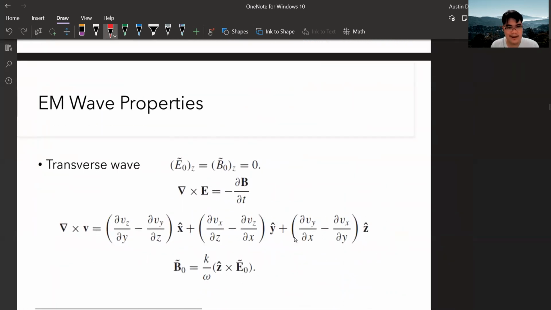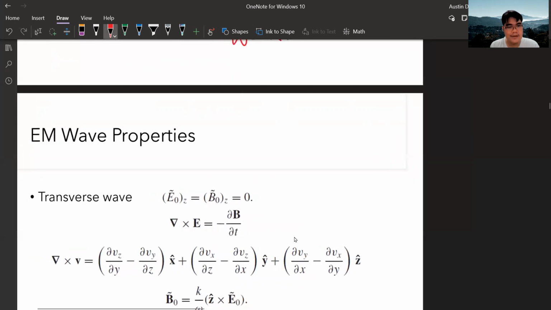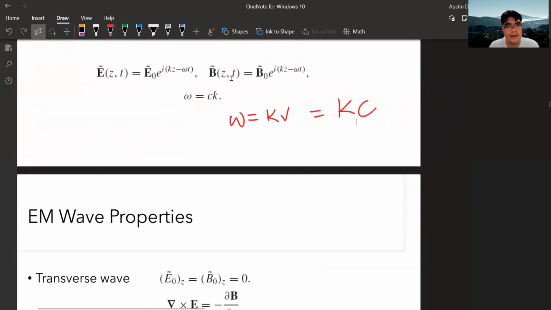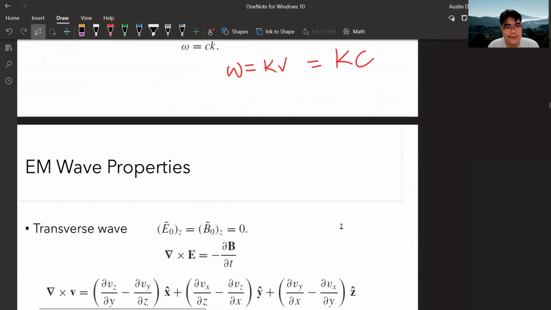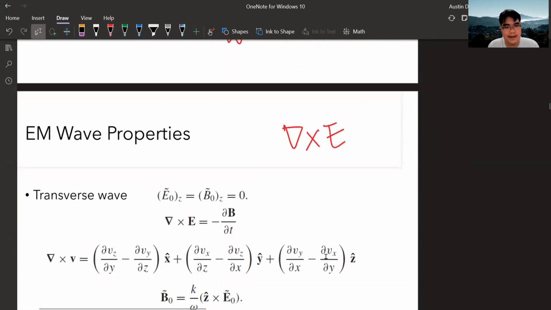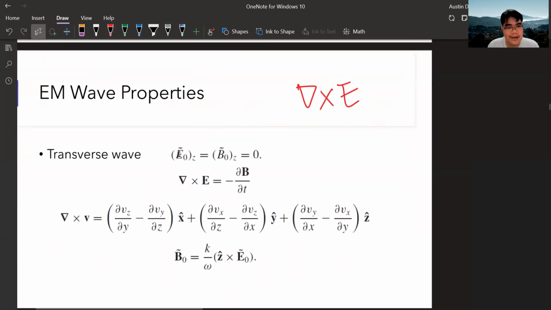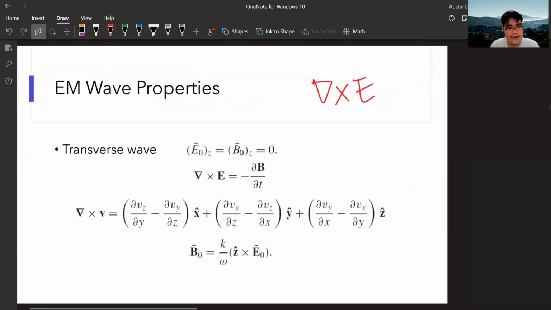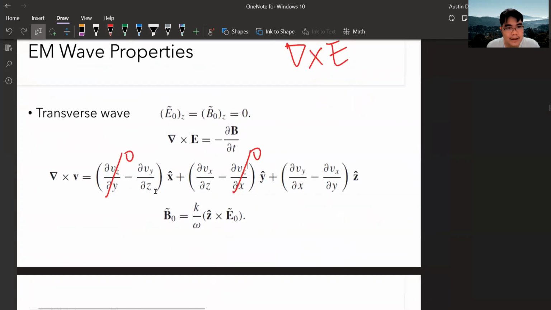EM wave for short, guys. So let's take this and use it to solve for the del cross E, which is given by this. This is the curl at the back of the book. So, it says that if you are a transverse wave, you have no z component, meaning no component in the direction of propagation. So, this is 0. This is 0. Let's see what we get here.